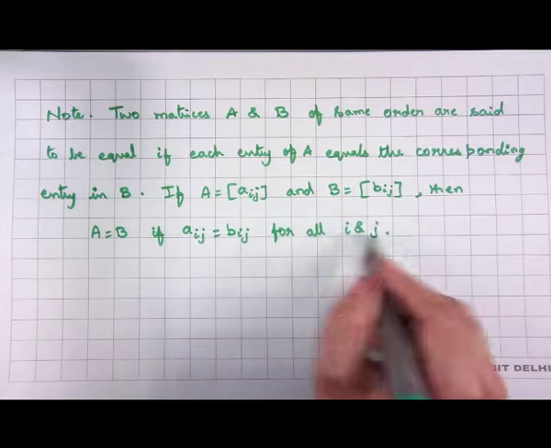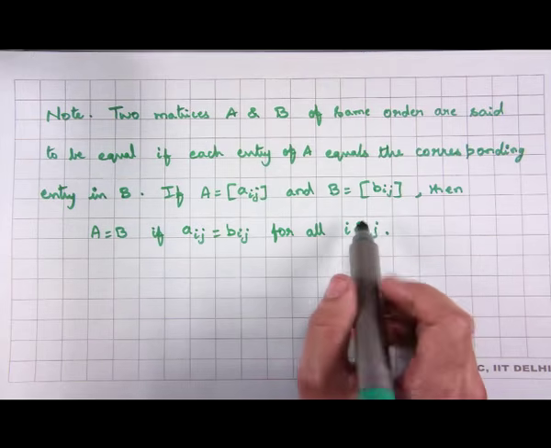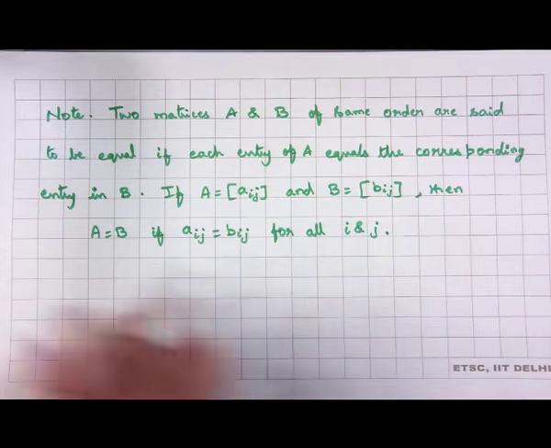So, this i and j vary from 1 to n and 1 to m if you assume that A is of order n by m.